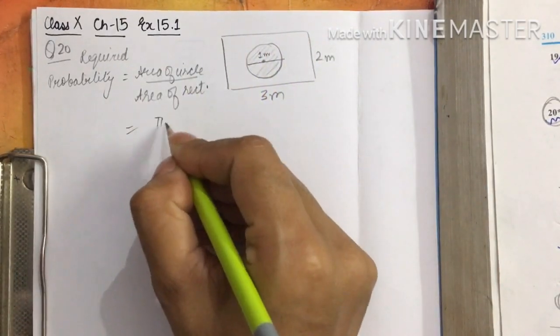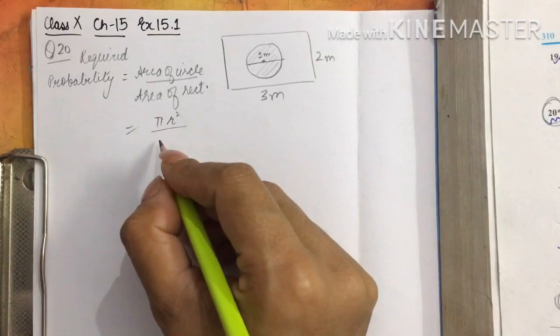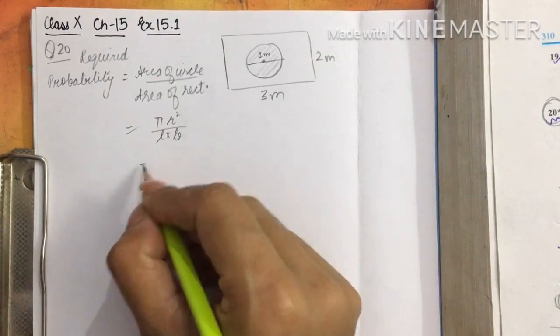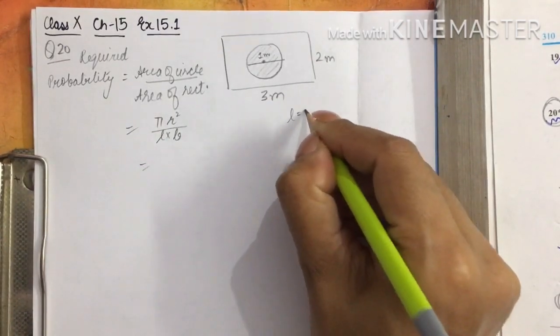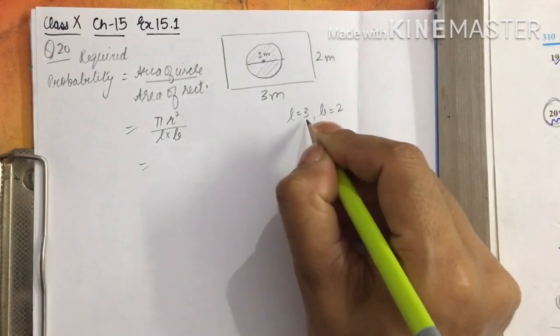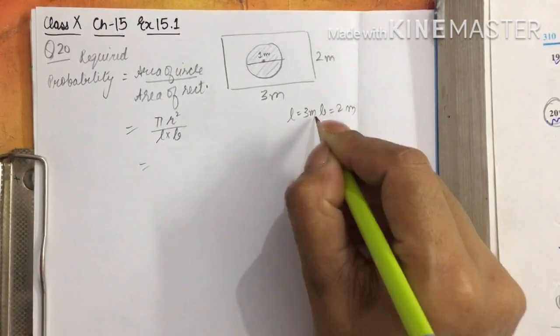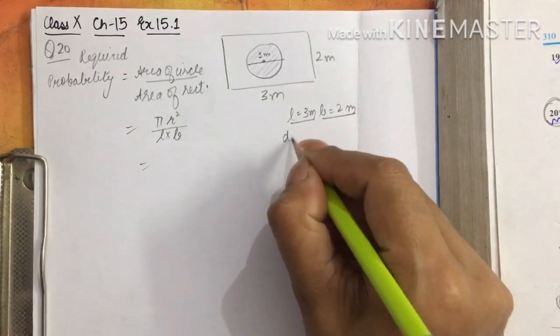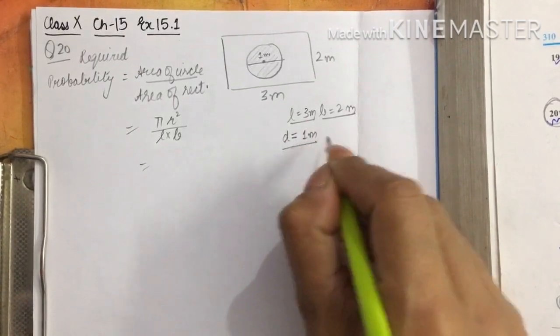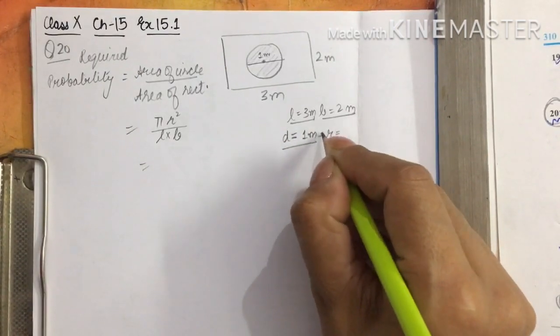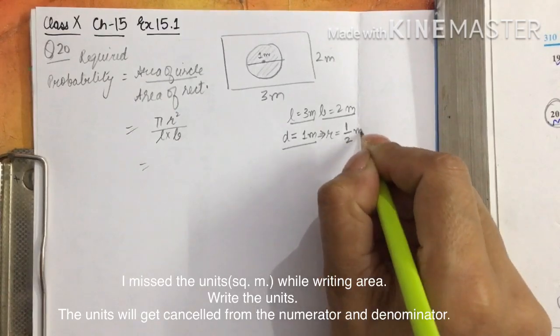So area of circle is given by pi r square and the area of rectangle is given by length into breadth. Use the values. Length is 3, breadth is 2. The units are meters. Diameter of the circle is 1 meter. Therefore radius will be equal to 1 by 2 meters.